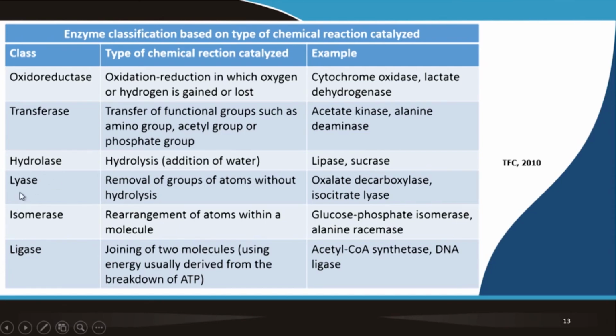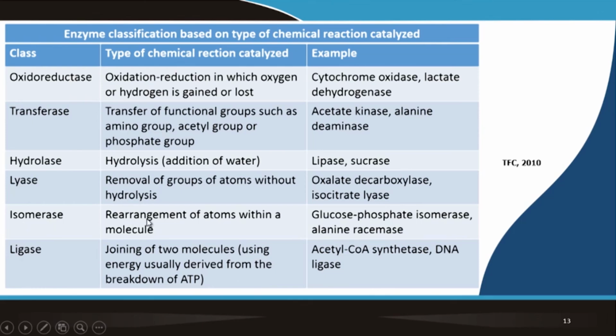Then you have lyase. Lyases are groups of enzymes that are responsible for the removal of different atoms without hydrolysis as part of the reaction. So you have oxalate decarboxylase and isocitrate lyase. Another group of enzymes is isomerase.